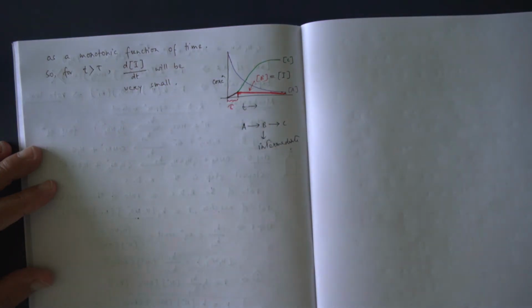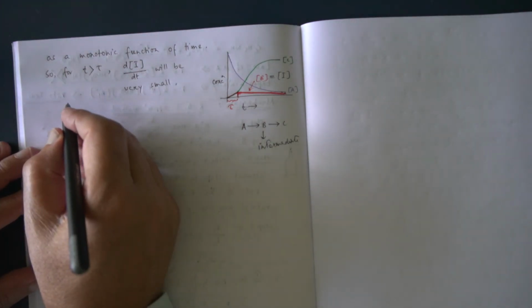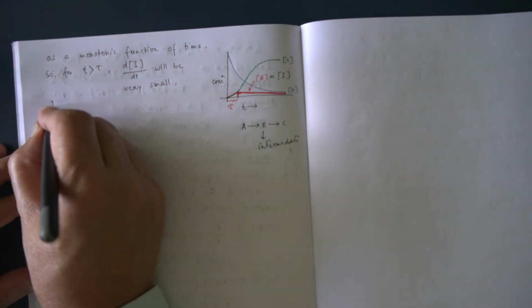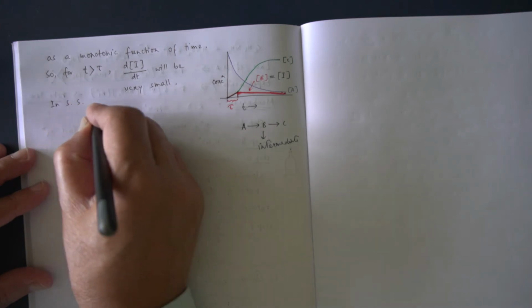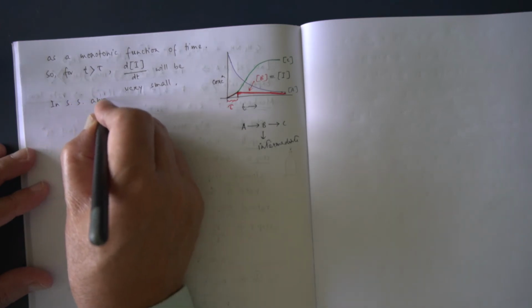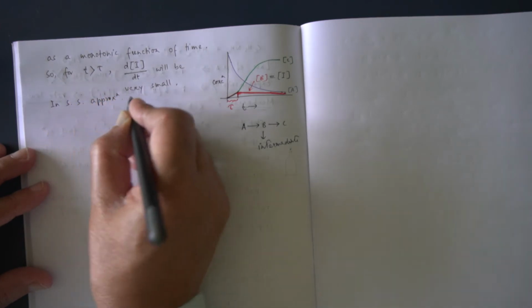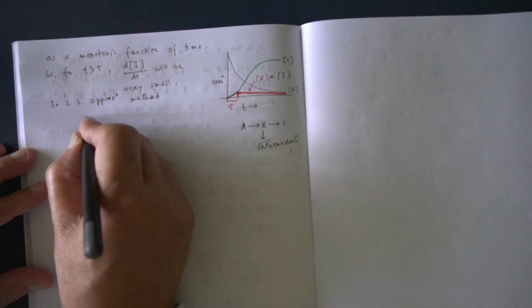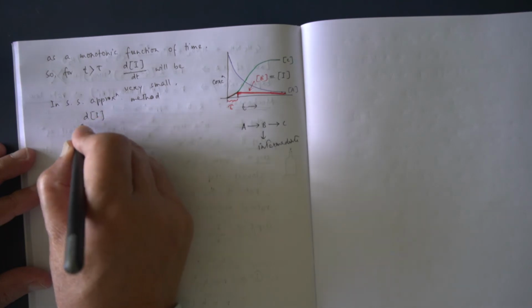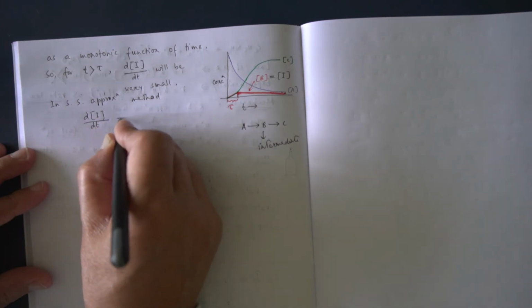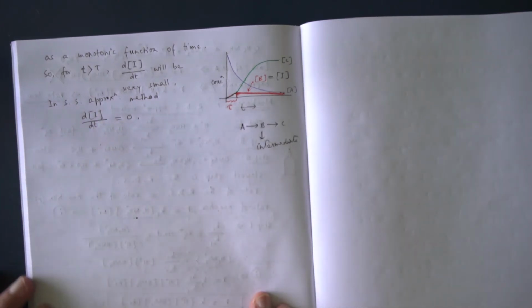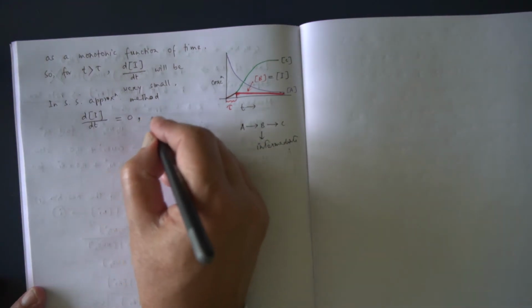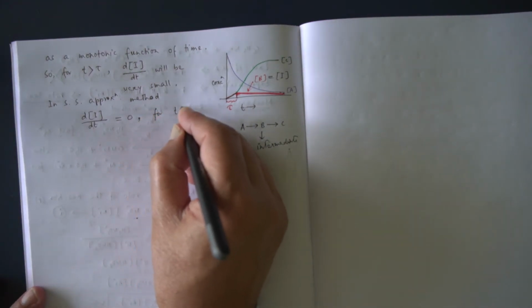And in the steady state approximation method, what do we take? We take dI/dt to be 0 for t greater than tau.